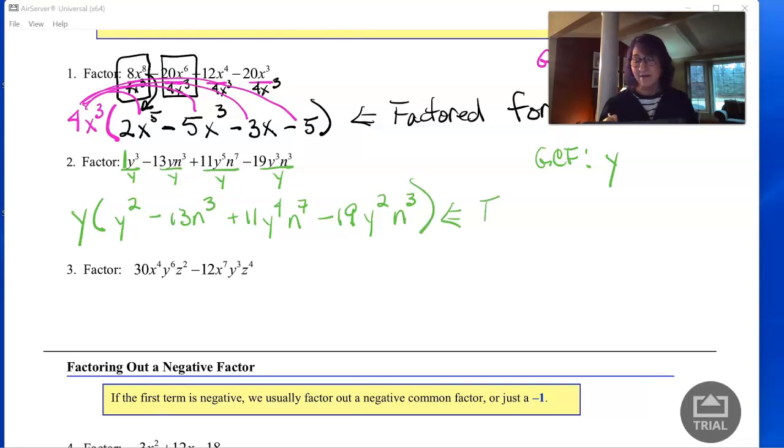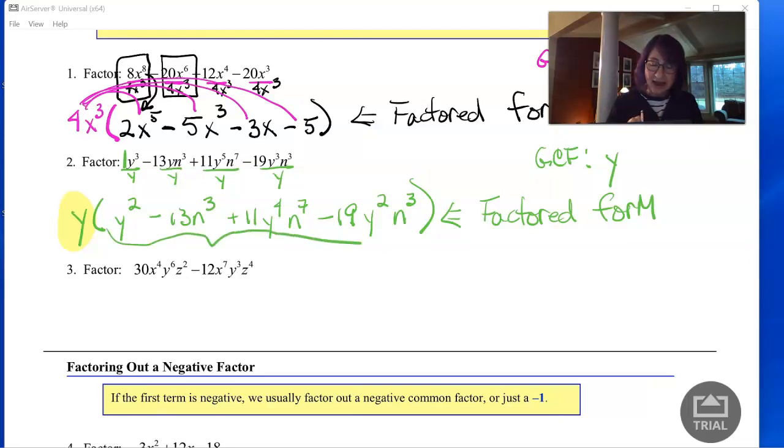This is my factored form. The factored form must include the GCF in front and then the result after you divide each of the original terms by that GCF. That's what falls into the parentheses.